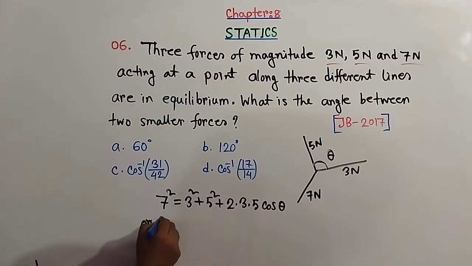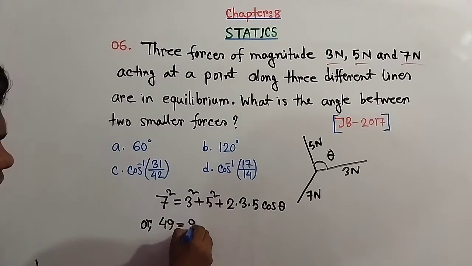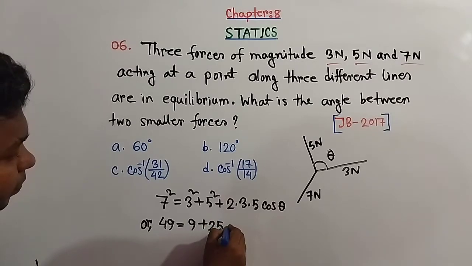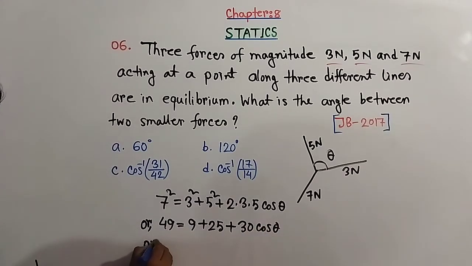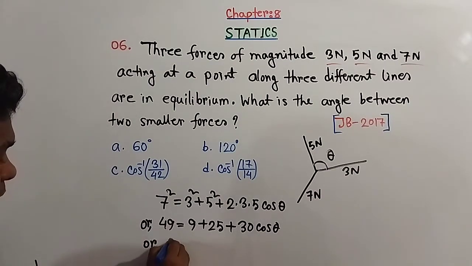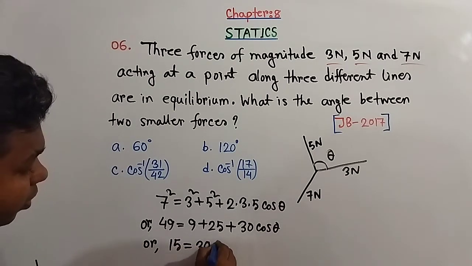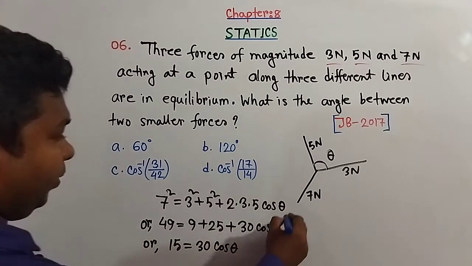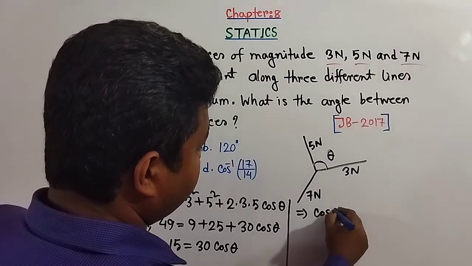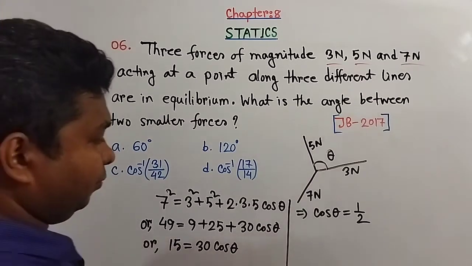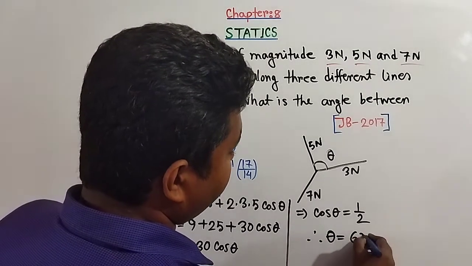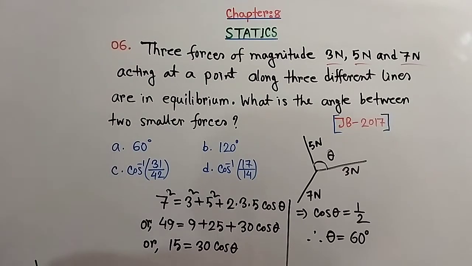Or 49 equal to 9 plus 25 plus 30 cos theta. Or 49 minus 9 minus 25, then it will be 15 equal to 30 cos theta. Now from here cos theta equal to half. We know cos 60 degree equal to half, therefore theta will be equal to 60 degree. So our answer is option A, that is 60 degree.